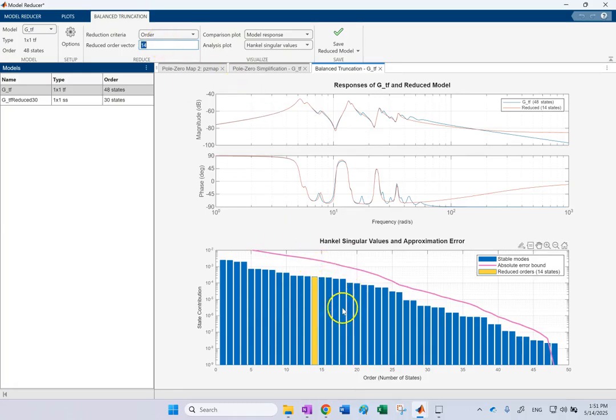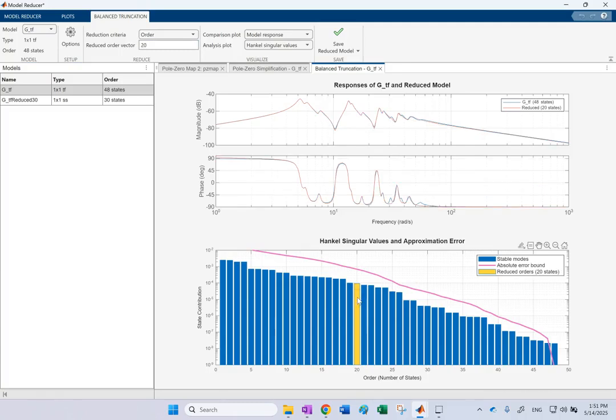I want to keep more states. Maybe I want to keep 20. So click here and put it to 20. And look at here. You're almost identical. So I can easily keep this system with these 20 states, and it performs almost identical to the system with 48 states, right? And that's all I need.